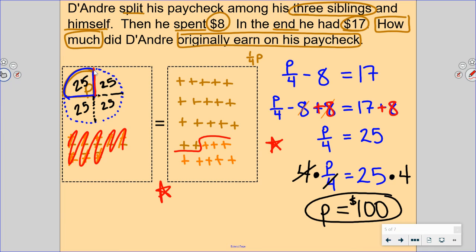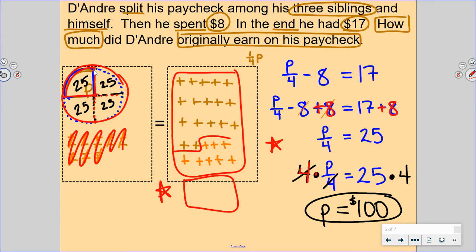Each individual portion was 25, which means we would need 4 parts to make the whole paycheck, thus multiplying by 4. And of course, I didn't draw it over here, but imagine if each of those, there were 4 more parts with $25 in. But I did show it over here on the left side.